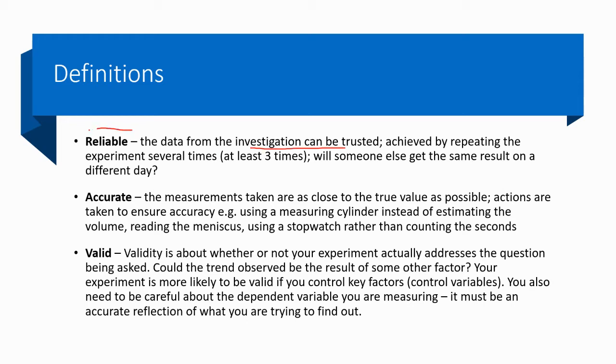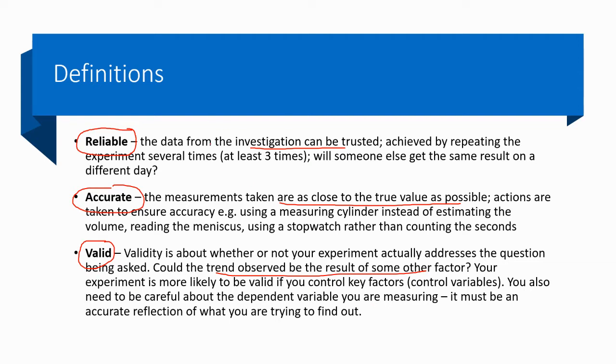So reliable means the data from the investigation can be trusted. Now we use these words slightly differently to everyday life in science. We use reliable, accurate, and valid, and they all mean something slightly different. Reliable means that the data can be trusted. Accurate means the measurements are as close to the true value as possible. And valid means that you have actually addressed the question being asked and not been influenced by some other factor.